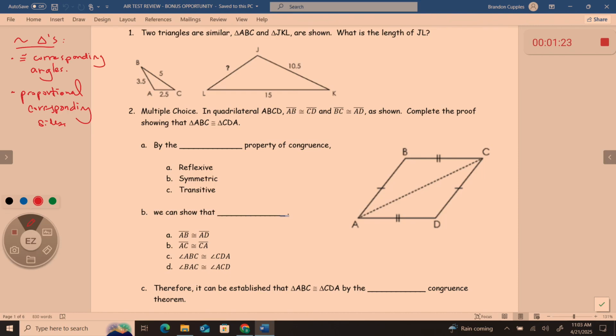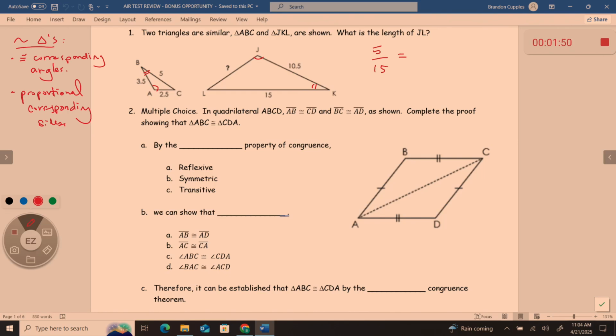So the two triangles are similar, and if this helps out, angle A is congruent to angle J, angle B is congruent to angle K, and then angle L is congruent to angle C. Now, what is the length of JL? Well, I can go ahead and match up some corresponding sides here. Like, for example, the longest side, 5, corresponds with 15.